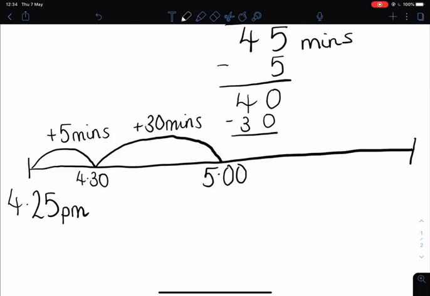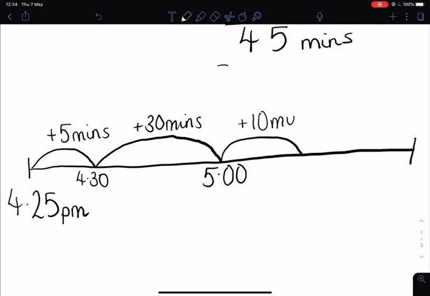And we have got 10 minutes left to jump. So I'm just going to move this out of the way. We've got 10 minutes left to jump now. So, from 5 o'clock, if we add 10 minutes, we arrive at 10 past 5.